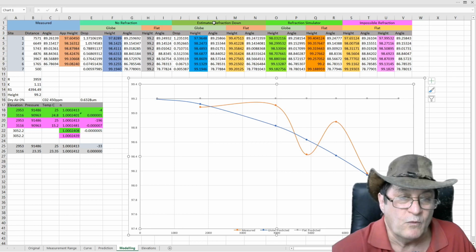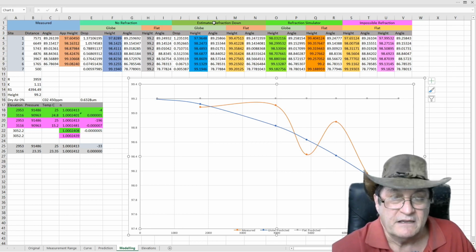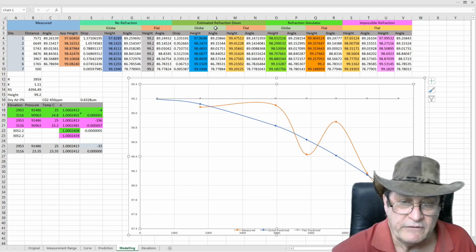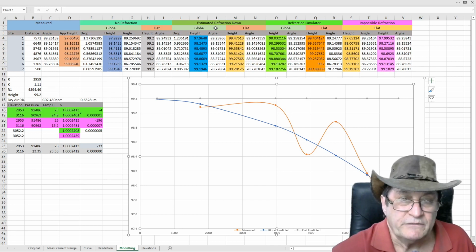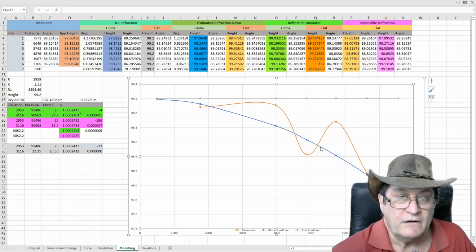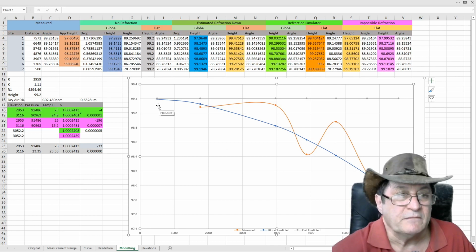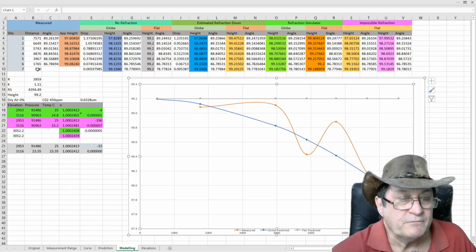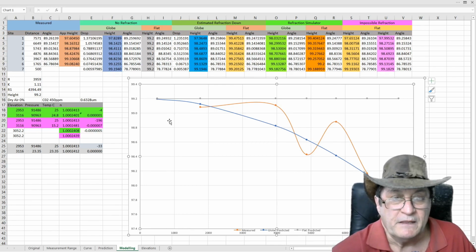It just assumes one refraction basically, and the simulator runs through an iteration of many miniature refractions. So this is the graph here of the measurements. I've extended it by one point closer to the pole just to have the predictions look a little bit better.